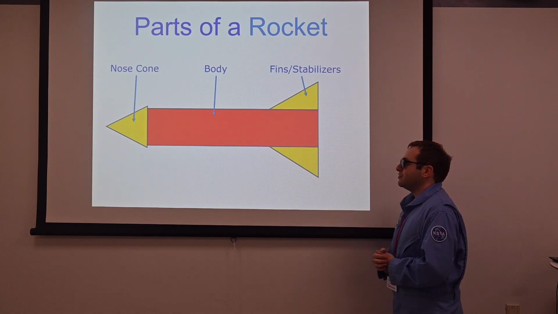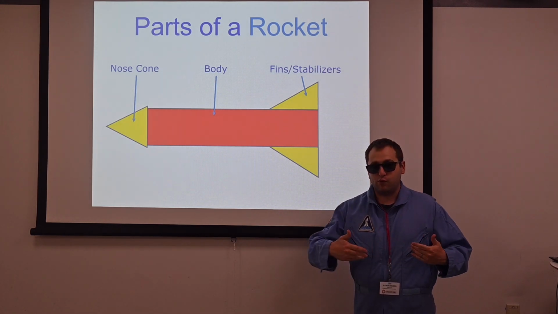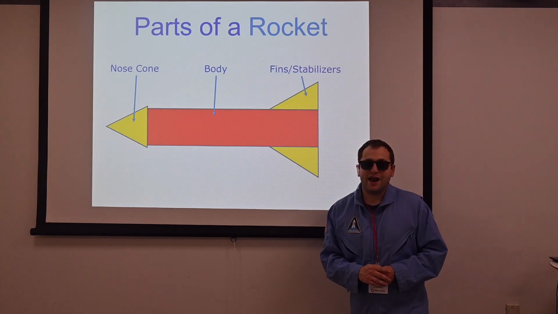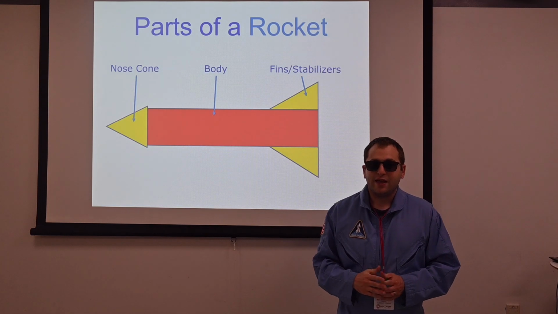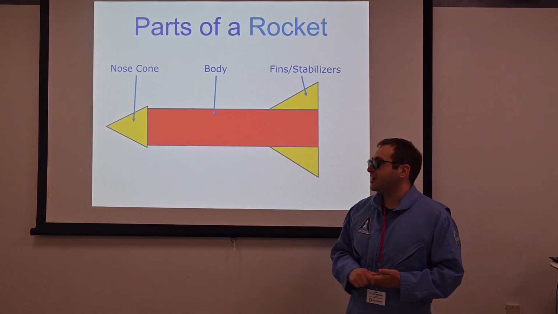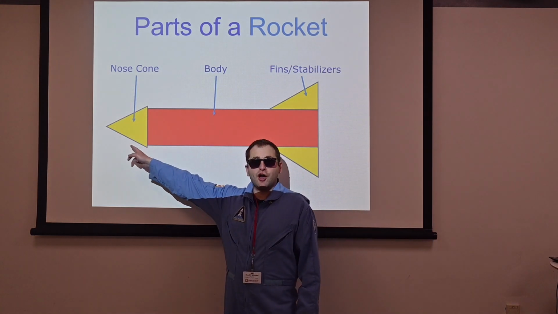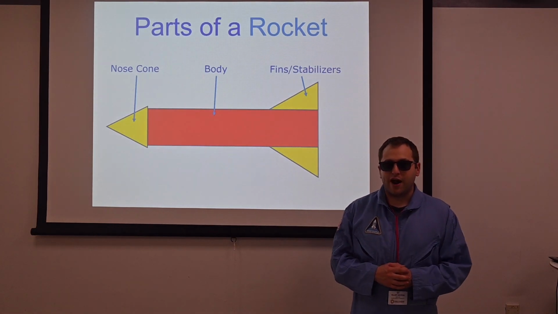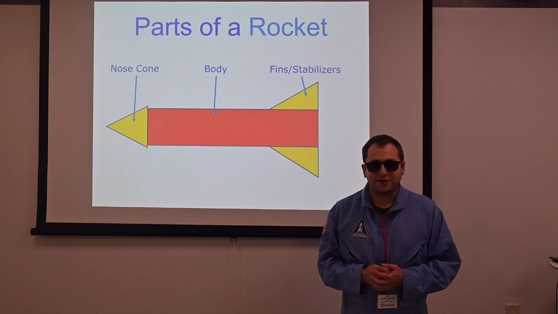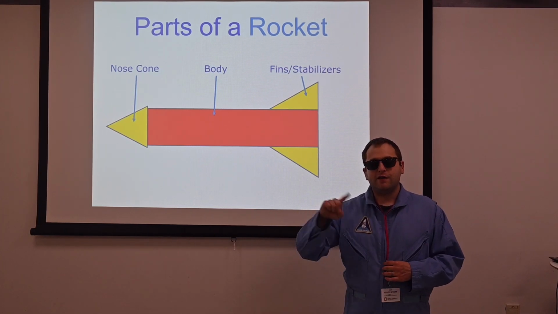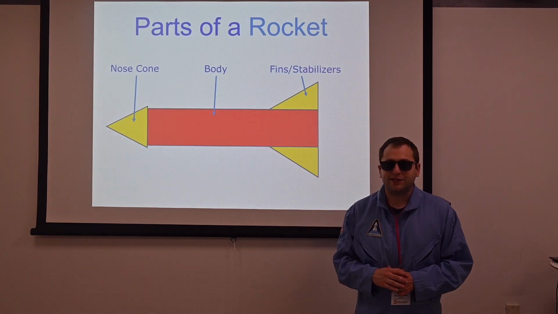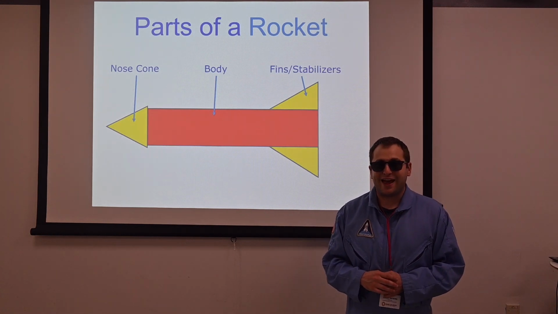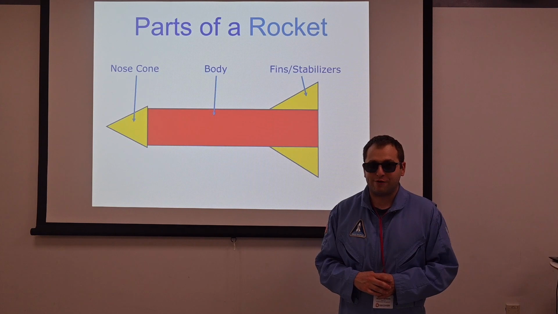Now, our rocket is going to be traveling within the Earth's atmosphere, so it needs to be aerodynamic. In order to make your rocket aerodynamic, it has to have a nose cone. Now, the goal of a rocket is to accelerate as fast as possible. If you launch a satellite into space, you have to accelerate it up to a speed of 17,500 miles per hour.